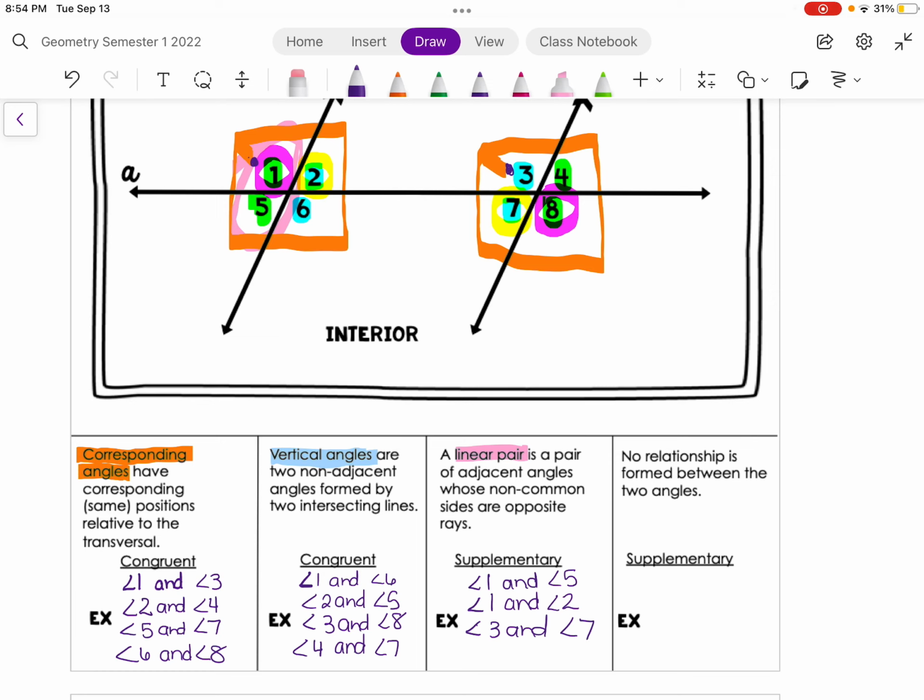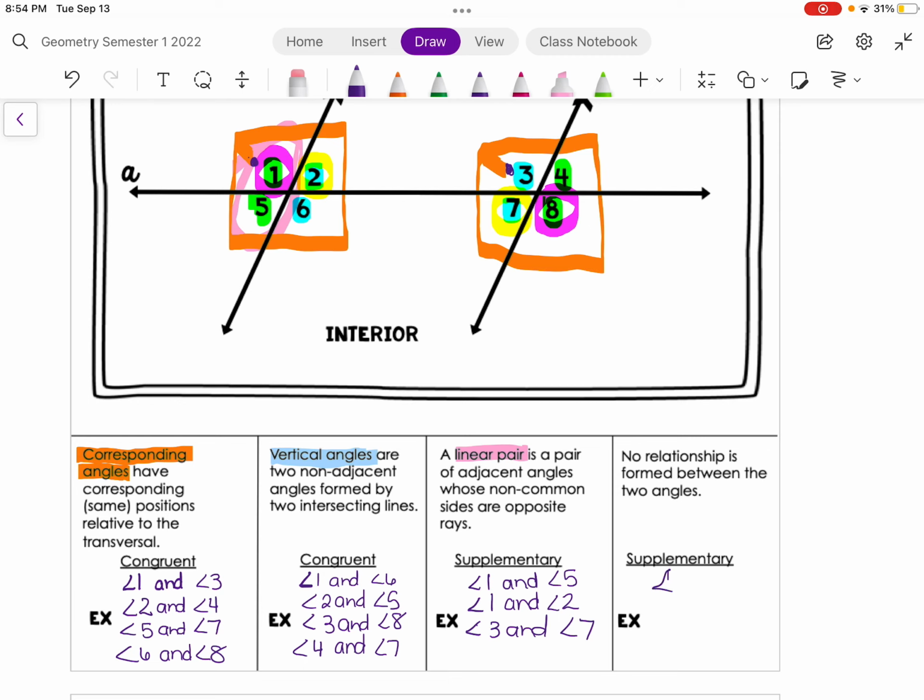All right. And then some things have no relationship formed between the two angles. See if you can come up with two that have not. Okay, so let's see. What if one is interior and one is exterior and they're not on the same sides? Or they are on the same side.